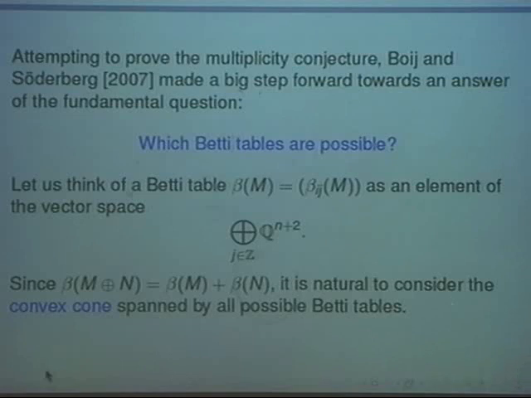I mean, we have a table of numbers, we can add tables of numbers. And if we have a direct sum of modules, the resolution will be the direct sum, so the Betti tables will be the sum of these. So it's rather natural, though it never occurred to me, to consider the convex cone spanned by all these possible Betti tables.